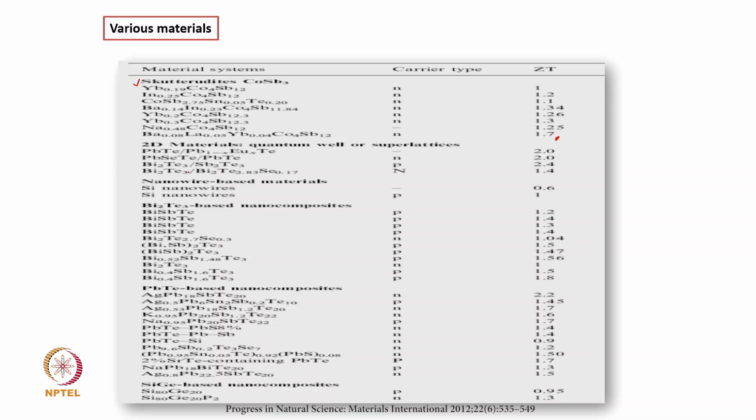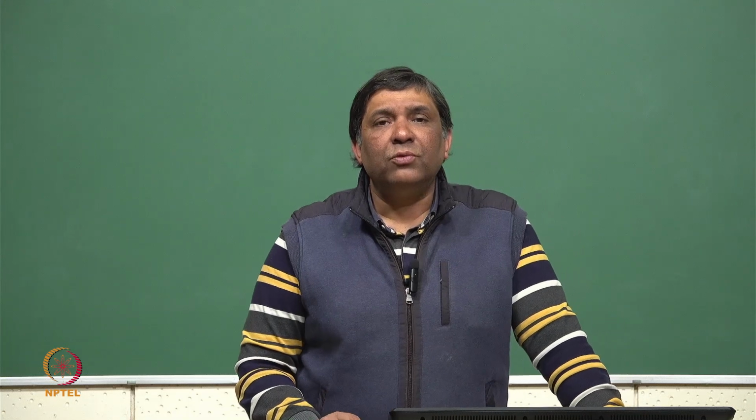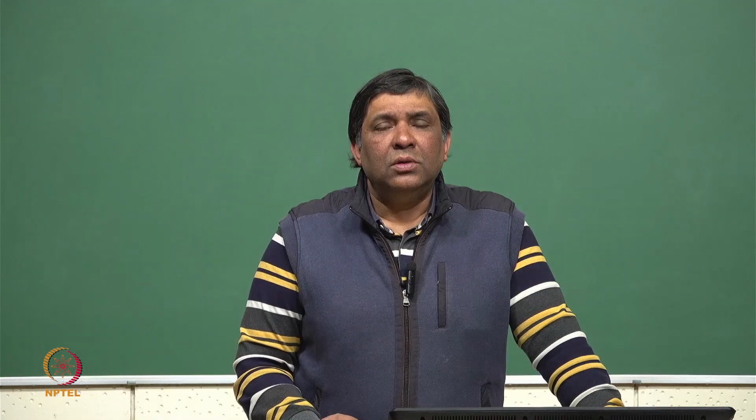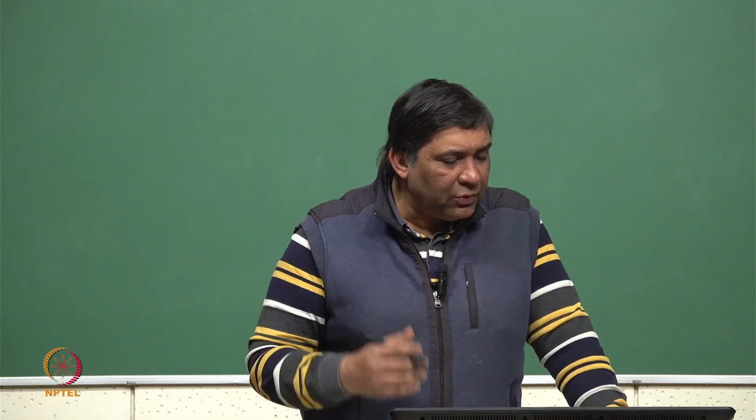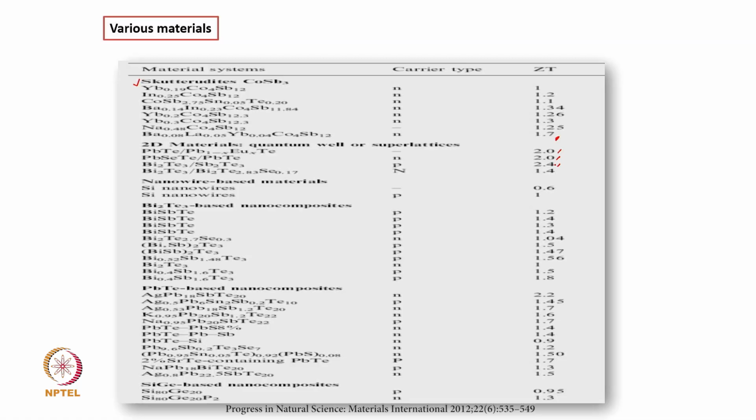Similarly, there are other two-dimensional materials with these conventional thermoelectric materials, and these are the types of carriers. Here you can see that the figure of merit is quite high, and you can have a maximum figure of merit of 2.4. Okay. So, it is quite an optimized figure of merit value when we use this quantum well structure.